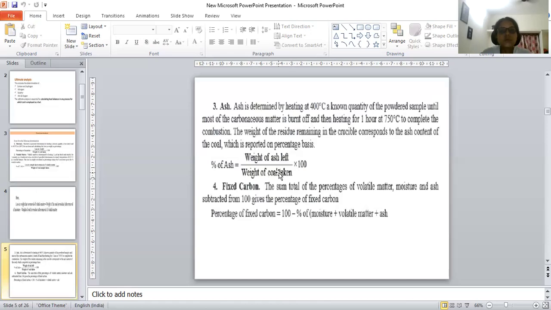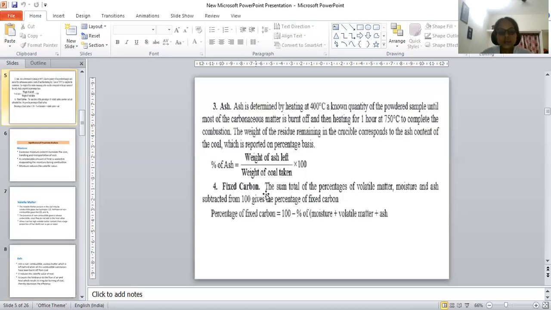Next one is fixed carbon. The sum total of the percentages of volatile matter, moisture, and ash subtracted from 100 gives the percentage of fixed carbon.